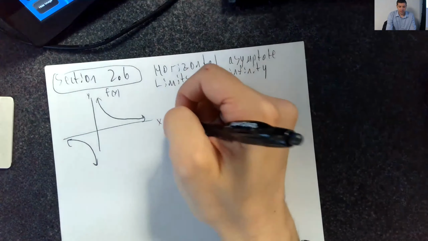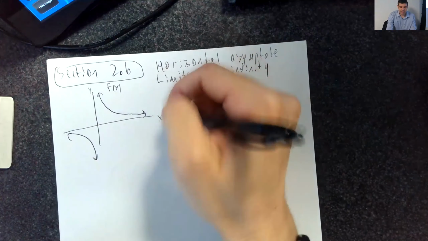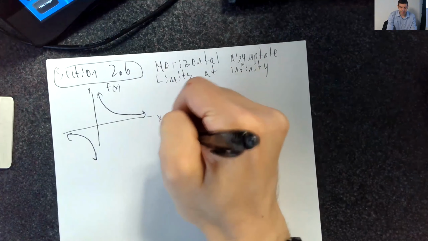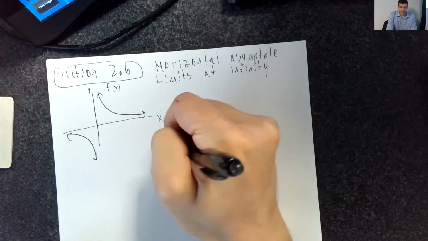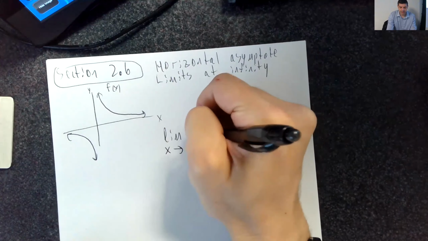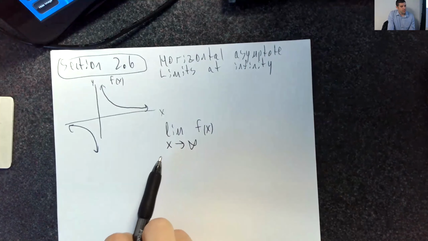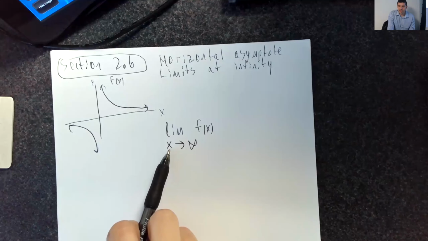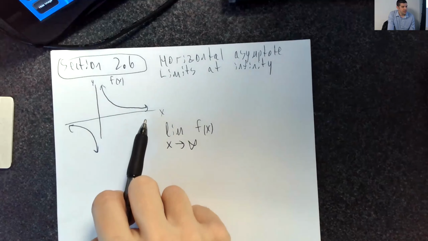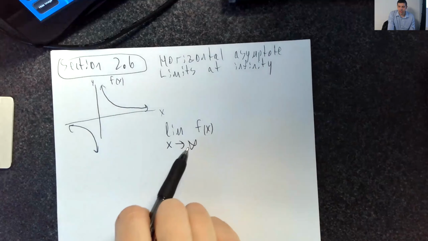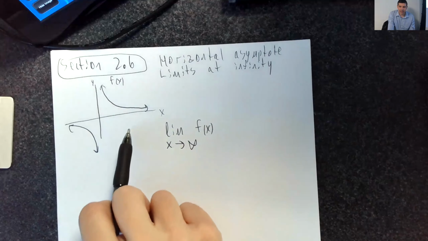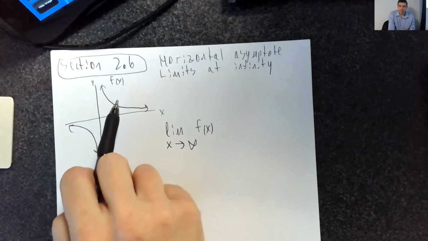So another kind of limit that we could take is the limit as x goes to infinity of f of x. Right, so what does this mean? This means what's happening to the y values if x gets large, right? So x is not approaching a number. We just want to get a pattern. We're looking at these y values.